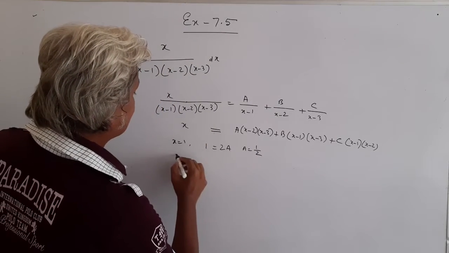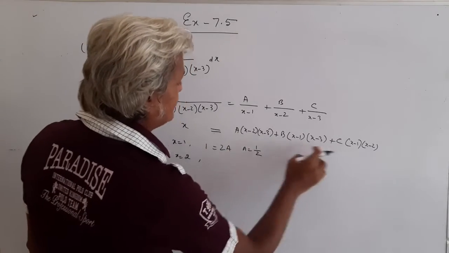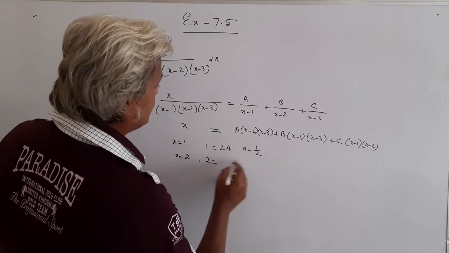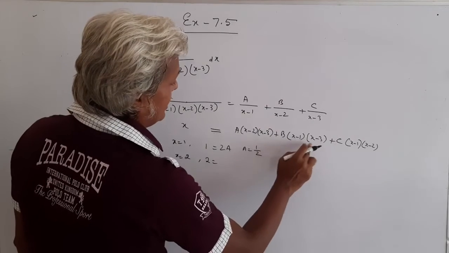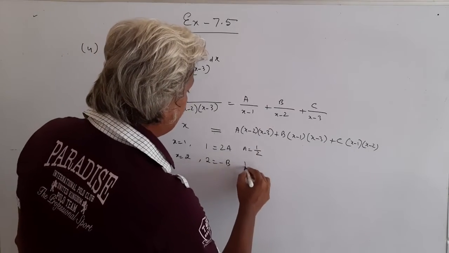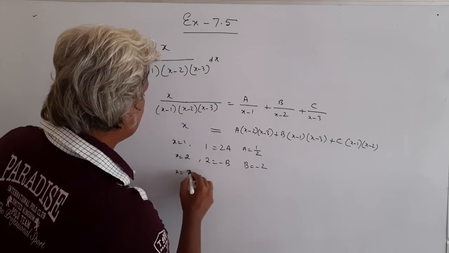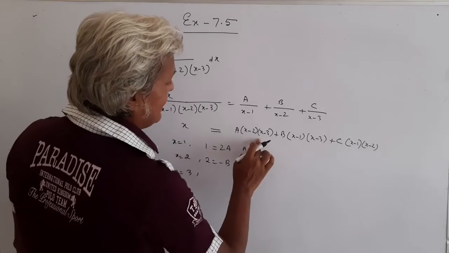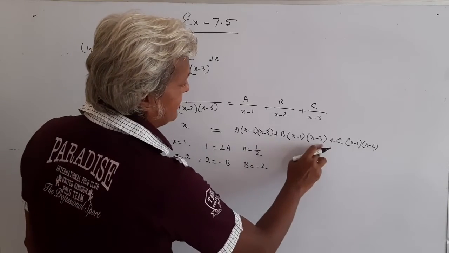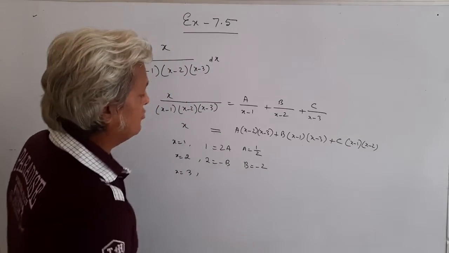Same way, if you put x as 2, then this vanishes, and then you get 2 is 2 minus 1 is 1, and 2 minus 3 is minus 1, so it is minus b. It means b is minus 2. If you put x as 3, then x minus 3 also vanishes, and this remains. 3 minus 1 is 2 and 3 minus 2 is 1.